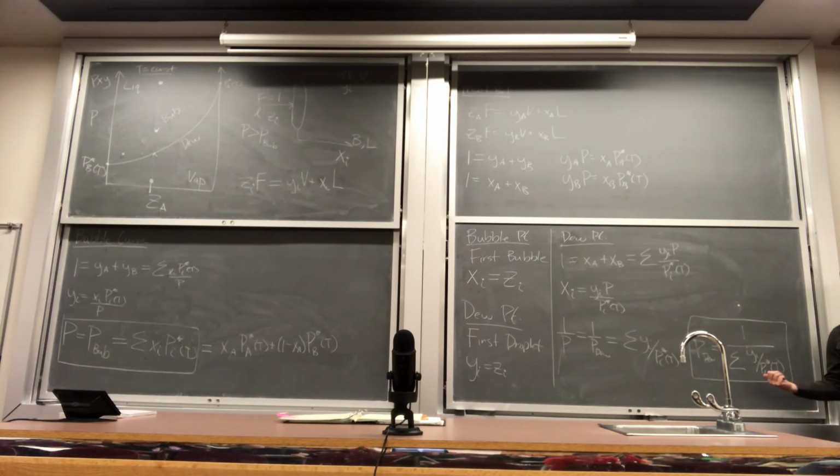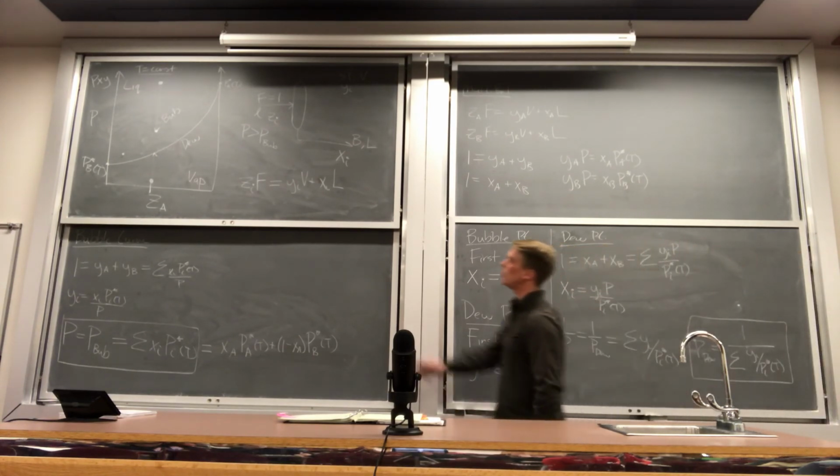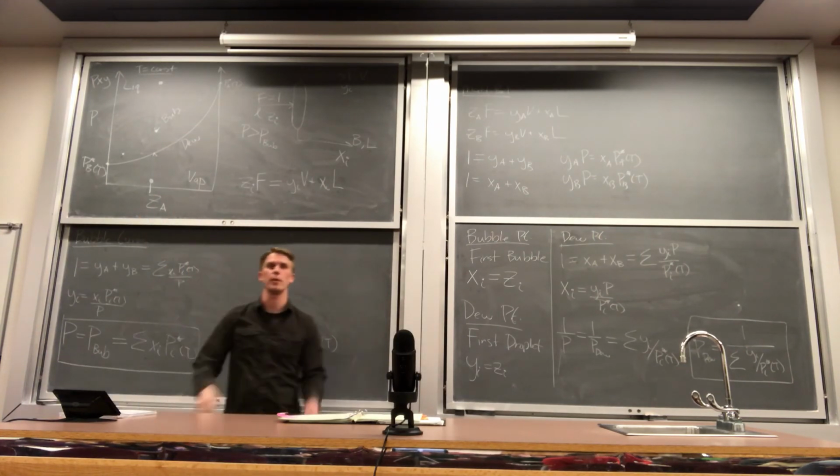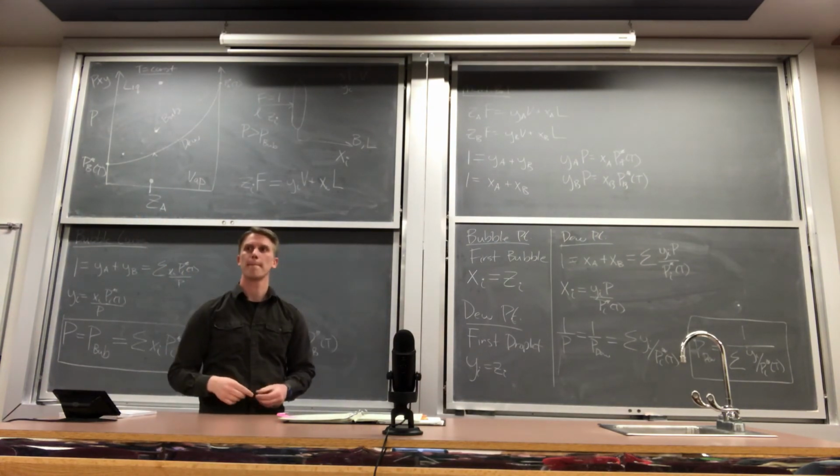And this is clearly a nonlinear expression, right? You have your variable that you're plotting here in your denominator, so it's kind of like a radical shape. And you can see here that the dew curve does have that radical shape you would expect, kind of curving up like that.